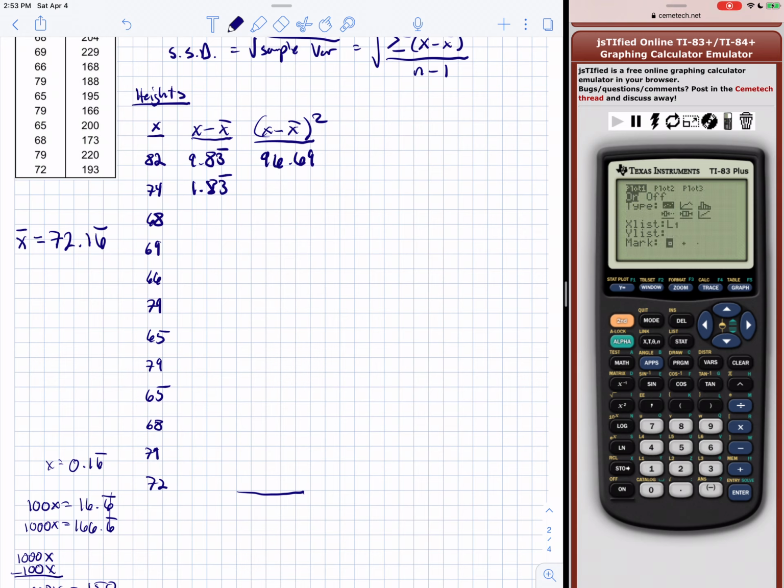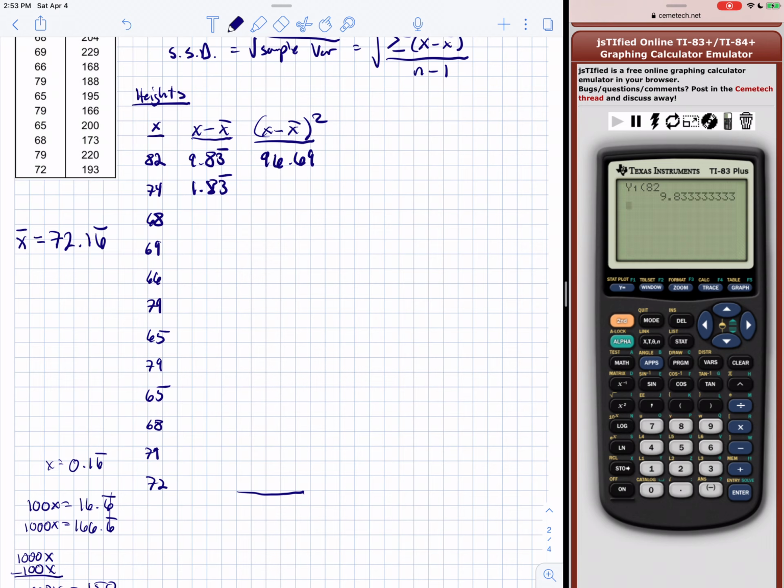There is a way. I keep trying to do everything on the fly, because I don't think this is going to work. We need to go to like 68. Can we just type that in? No. Okay, that's okay. I know we could do it in the table, but I was just trying to do it quick. Okay, let's type in our 82 and we get the 9.83 bar.